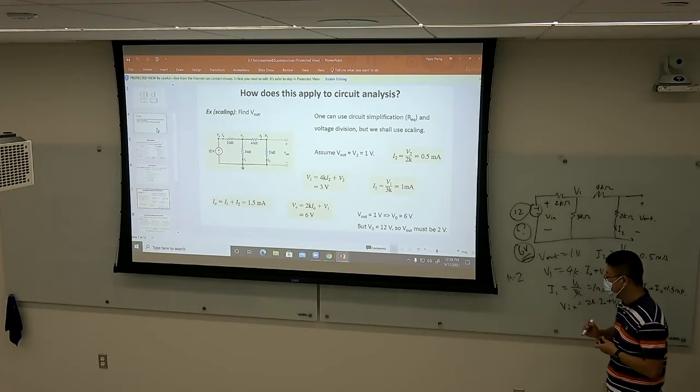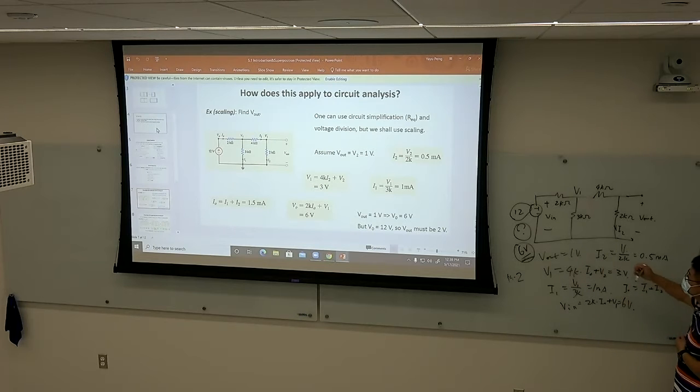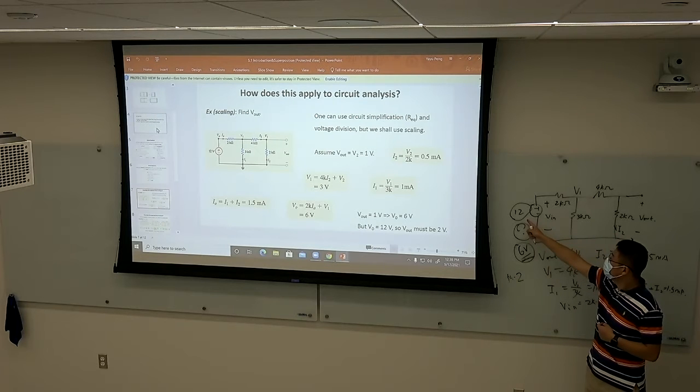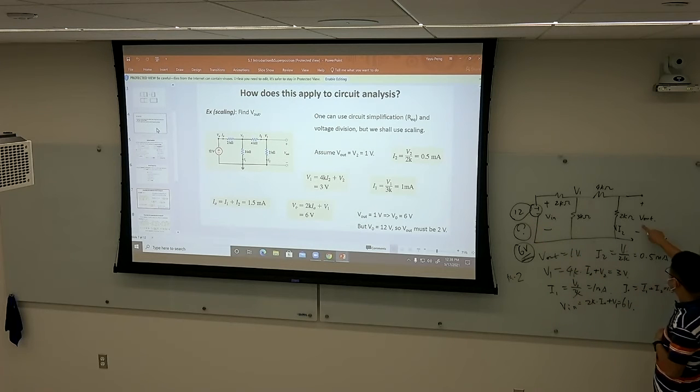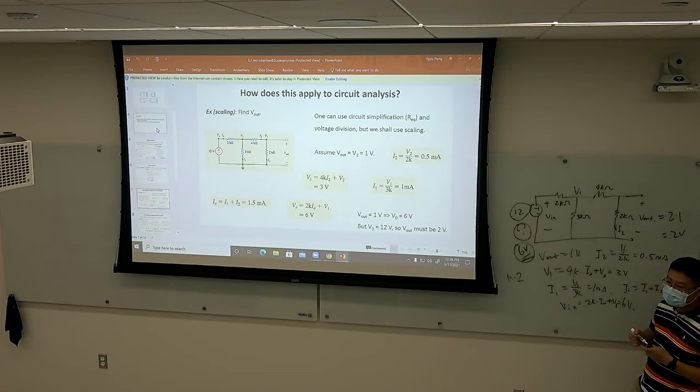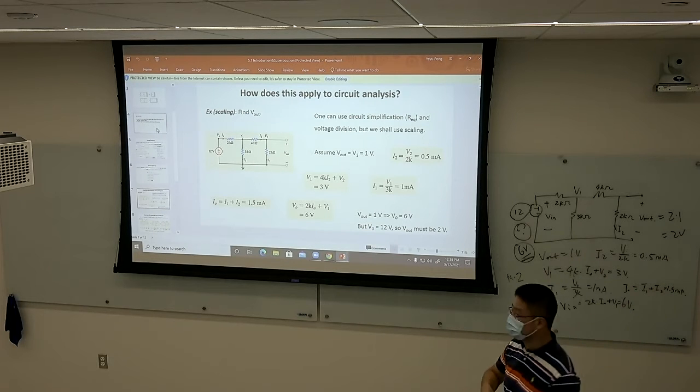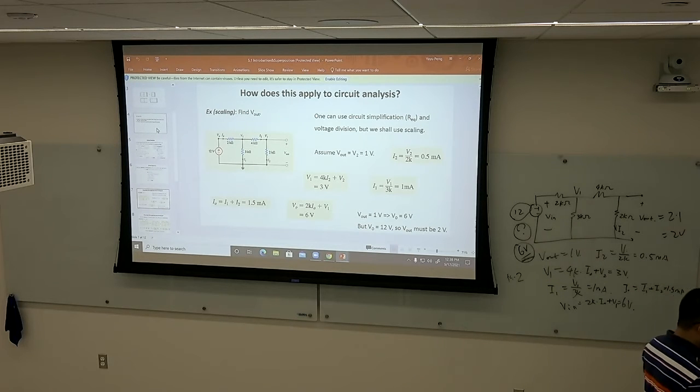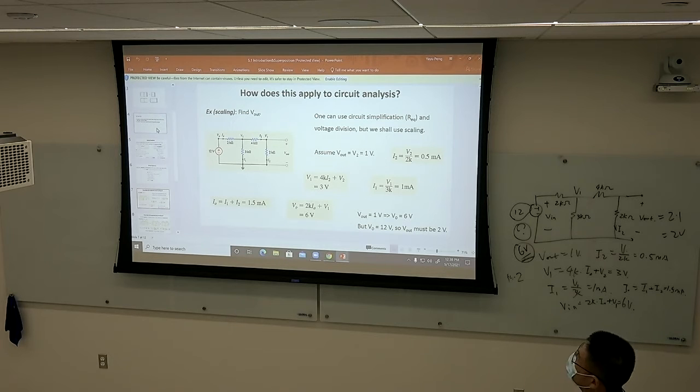In order to have 12 volts input voltage, this Vout should be 2 times 1, so this is 2 volts. This scaling solves the problem. I think this method is easier than calculating the equivalent resistance and doing the voltage calculation.